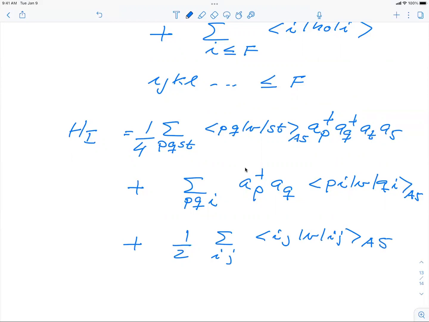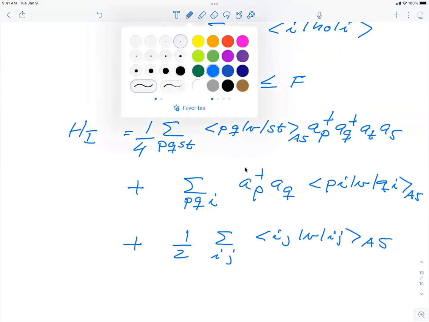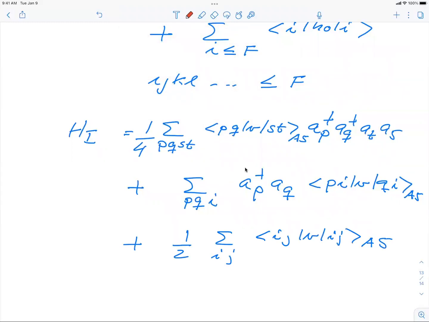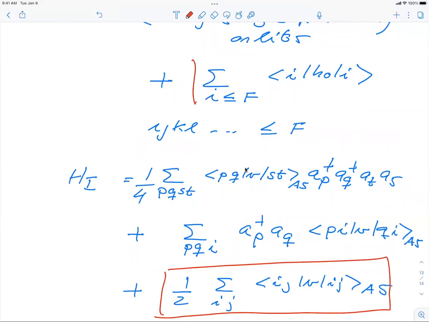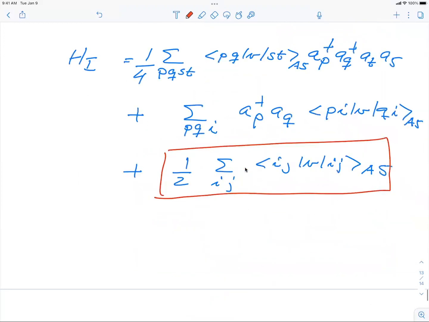So if you now think of what we have done till now, let me highlight two of the terms. If we highlight this term here, and we highlight this term here, these two terms define what's normally called the reference energy, E reference.